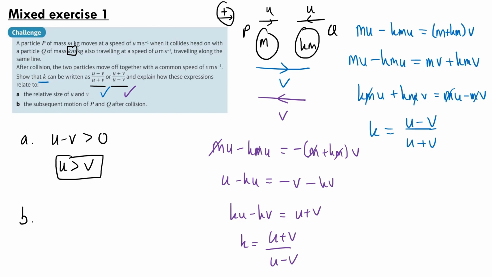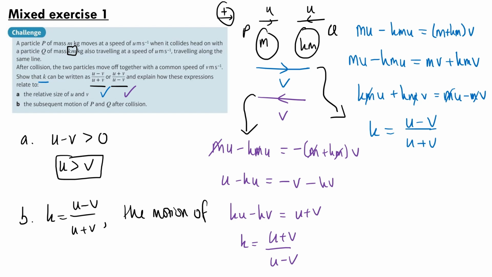And for part B, the subsequent motion of P and Q after the collision, well, we've just said here, if they move to the right afterwards, then we're going to have this blue expression for k. If they move to the left afterwards, then that's going to be this purple expression. And we shouldn't really use left and right because that's our own diagram. It could have been mirrored. So for k equal to (u minus v) over (u plus v), we have to say that the motion of P is unchanged.